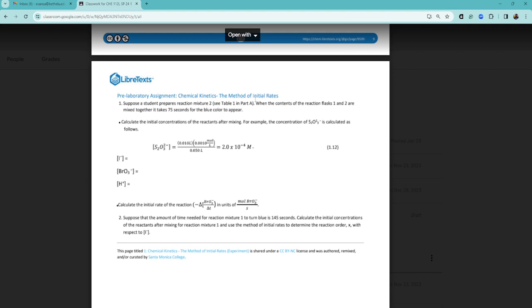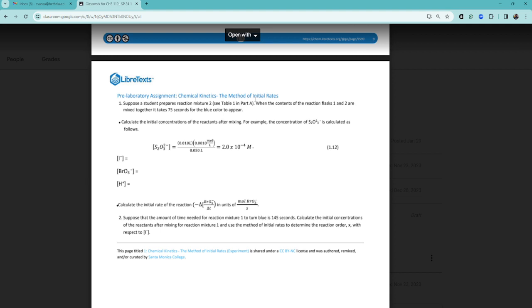It started with a concentration of 0.0010, we had 10 milliliters, and we divided by 50 milliliters, and that gave us our new concentration. So we need to do the same thing for iodide, bromate, and acid for each one. Each one is going to have a total volume of 50. Then we're going to calculate the initial rate of reaction.